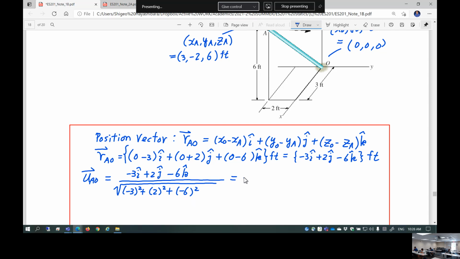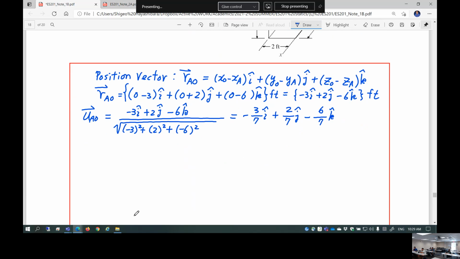So this is going to be minus 3 over 7 I plus 2 over 7 J minus 6 over 7 K. Now, a unit vector usually doesn't need a unit, so I skip the feet here because it's a unit vector.